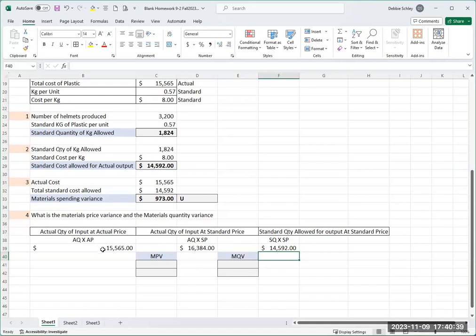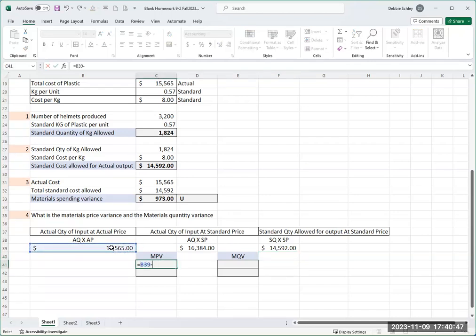Okay, now I know to get the materials price variance, I take the first one minus the second one. So AQ times AP minus AQ times SP. And I get that. And now AQ, AP, this is what actually happened. This SP, this is what I thought should happen at the actual quantity.